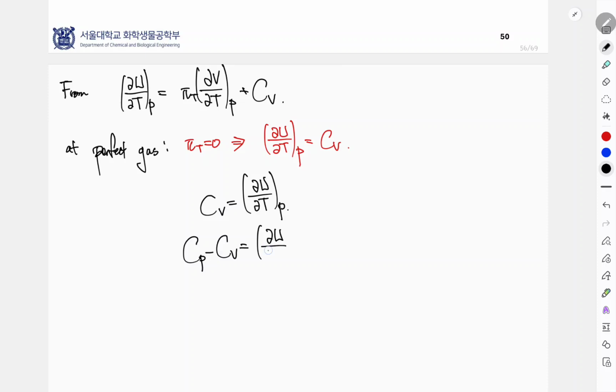And by definition, enthalpy was U plus PV. So we are going to use this one here.